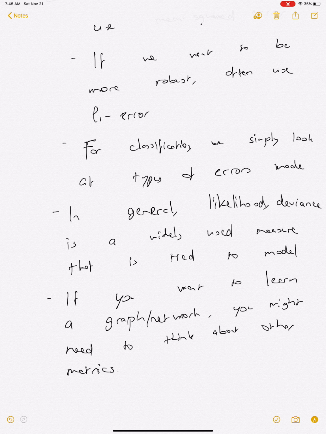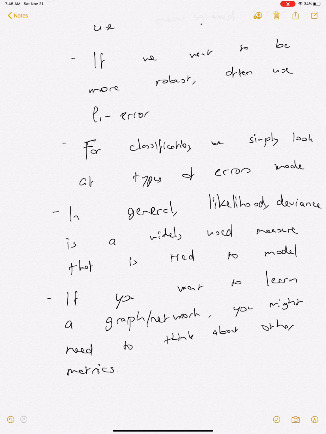For example, you might just use the simple criterion that if you get the graph wrong, that's a fail, and if you get it right, that's a success. But that's a pretty harsh criterion, because you might get all of the edges right except for one, and so instead you might look at how many of the edges you got correctly, or something like that. But what I'm saying here is that you have to really think about what error metric you use. And as I've always said, there's not necessarily one right answer here. You just need to make a decision and justify that decision in your report.